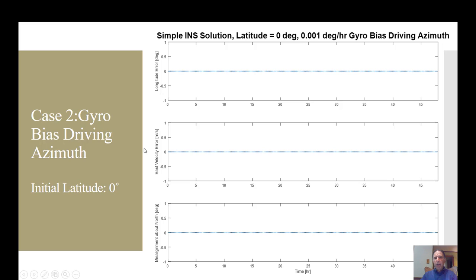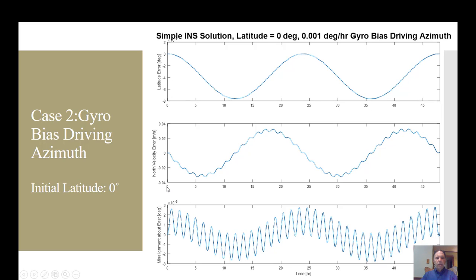Here again, we're at the equator. The longitude error is 0, as well as, of course, east velocity and the misalignment about north for this case 2 case. And to complete case 2, we show a latitude error, which has this sinusoidal form.